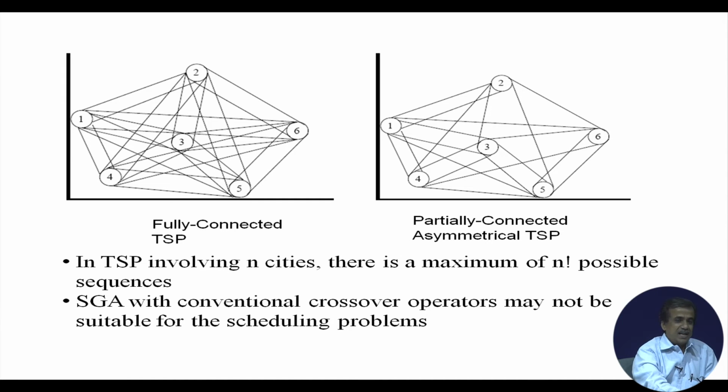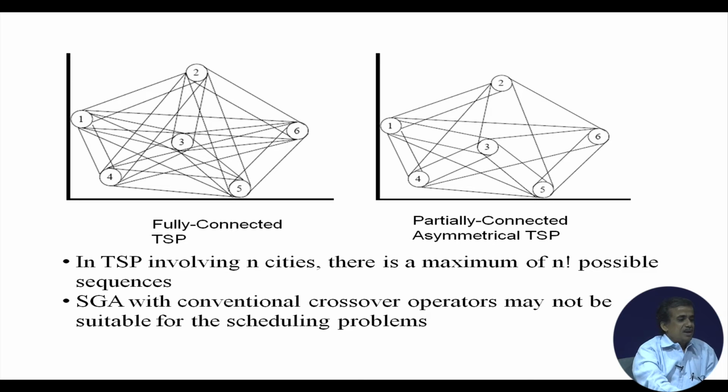And another condition, if Dij equals Dji, that will become the symmetrical fully connected TSP. Now, this is partially connected asymmetrical TSP. You can see between cities 2 and 6, there is a path from 2 to 6, but from 6 to 2 there is no direct path, and that is called partially connected asymmetrical TSP.